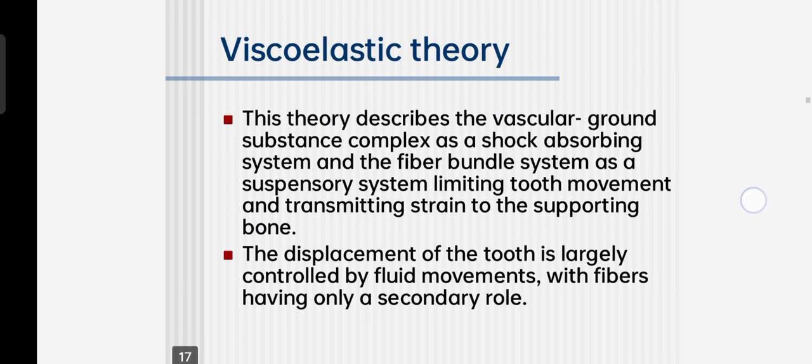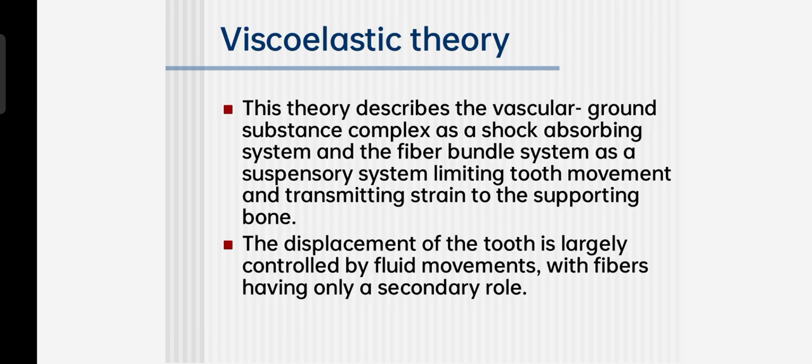Next is viscoelastic theory. This theory describes the vascular ground substance complex as a shock absorbing system and the fiber bundle system as a suspensory system limiting tooth movement and transmitting strain to the supporting bone. So basically, this theory holds responsible the various vascular elements that are present.